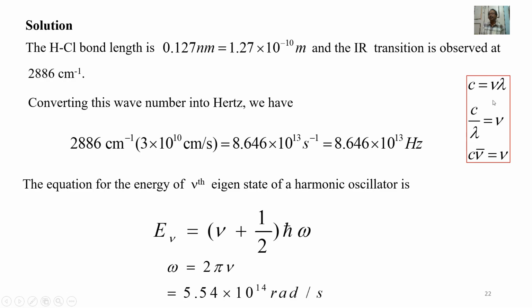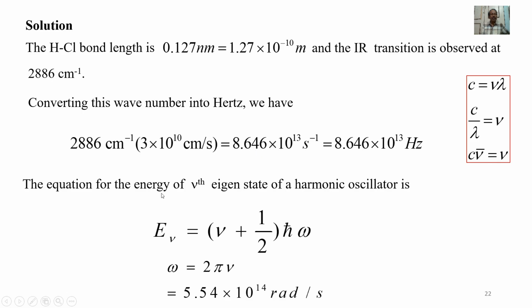We know that c equals nu lambda, and c by lambda equals nu. 1 by lambda is nothing but nu bar, the wave number. So nu bar multiplied by c will give us nu. So 2886 multiplied by 3 in 10 power 10 will give us 8.646 in 10 power 13 Hertz.